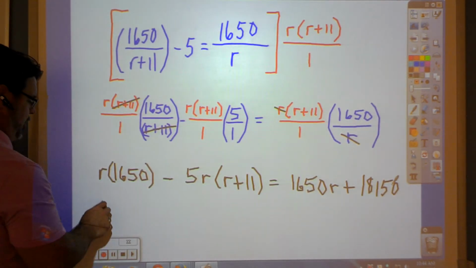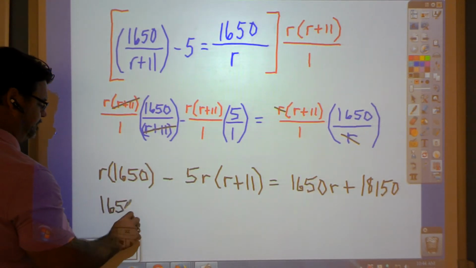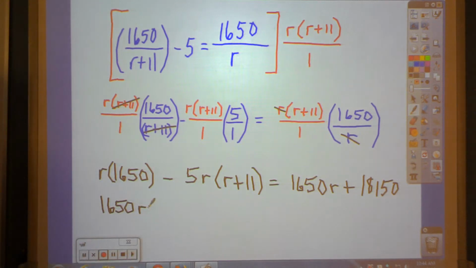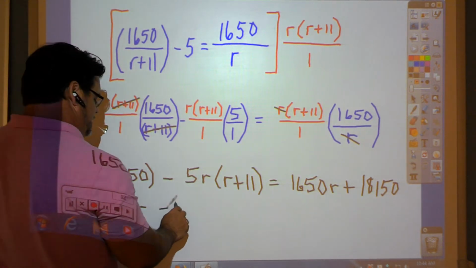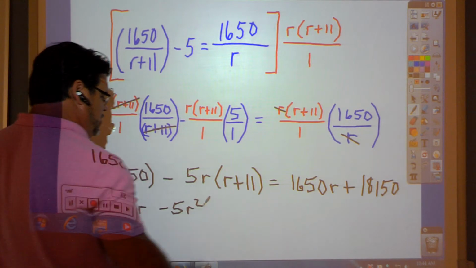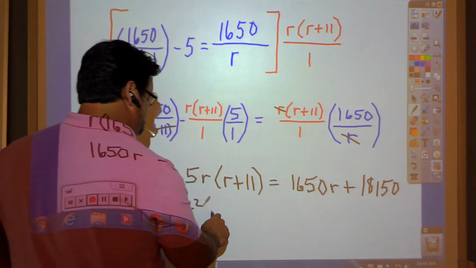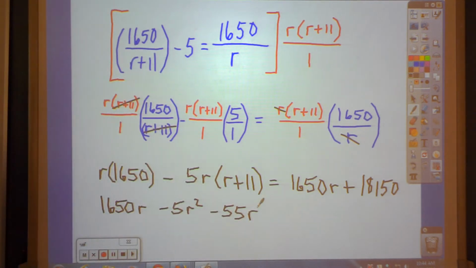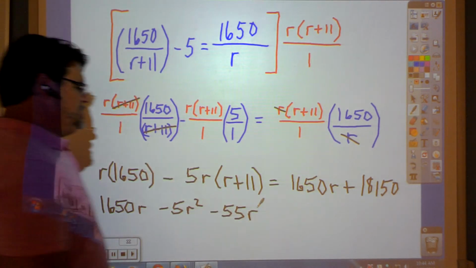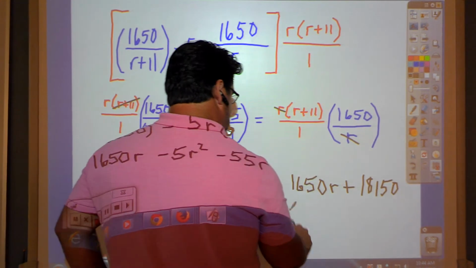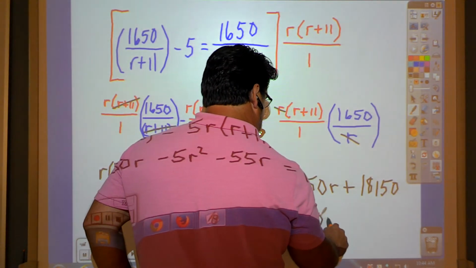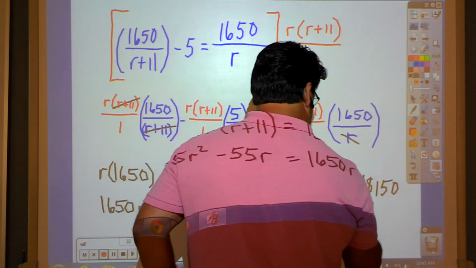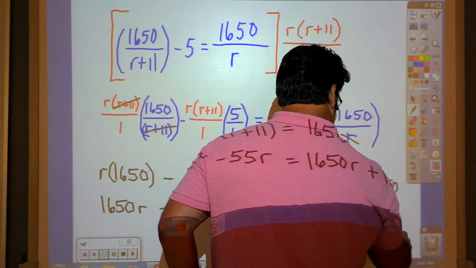This is 1650R minus 5r squared minus 55r is equal to 1650r plus 18,150.